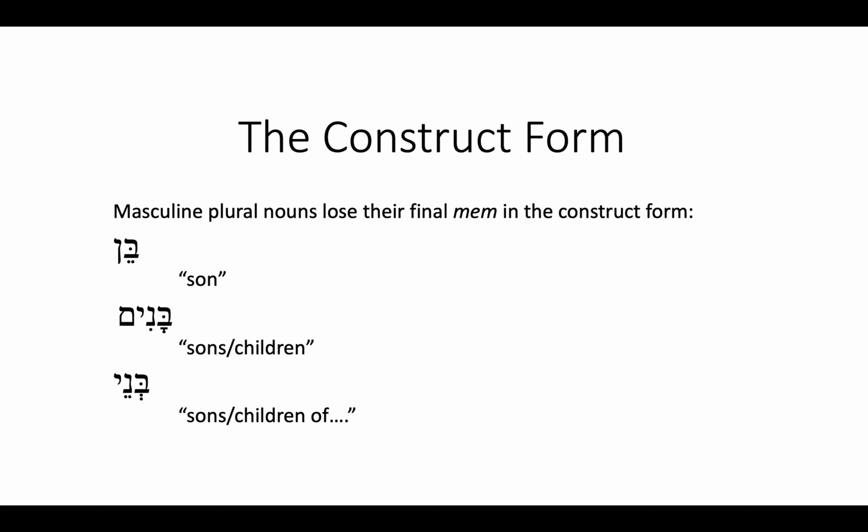And if we wanted to say sons or children of, the construct form is Bane. So notice that the final mem has dropped off, first of all, and that Hirik vowel, the one dot E sounding vowel, has become an A sounding vowel. So it's a Sere vowel.